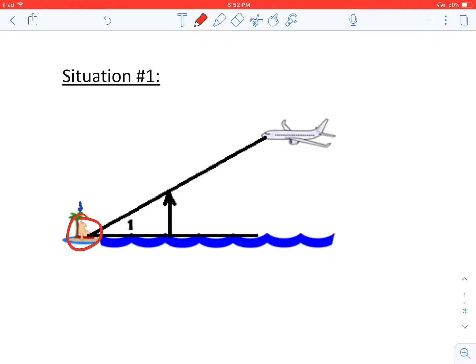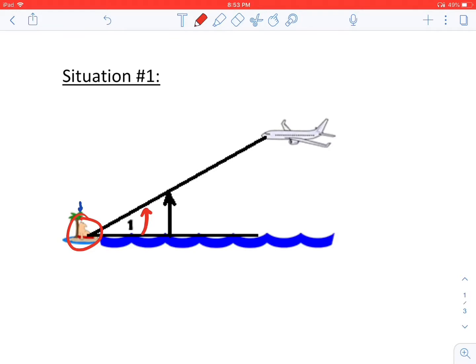If I wanted to determine any value associated with this problem, whether it's the angle associated with the bear with respect to the plane, or vice versa, or the distance between the bear and the plane, or how high up the plane is, any of those values can be found using an angle of elevation and any necessary trig functions. Note again that the angle of elevation is defined with respect to the horizontal.